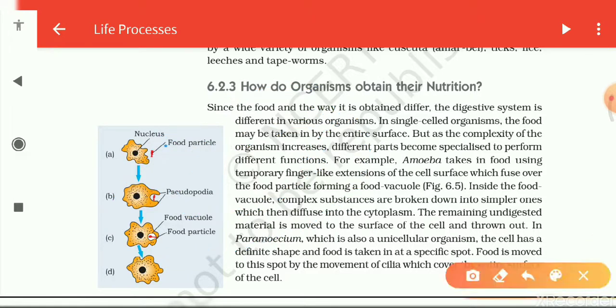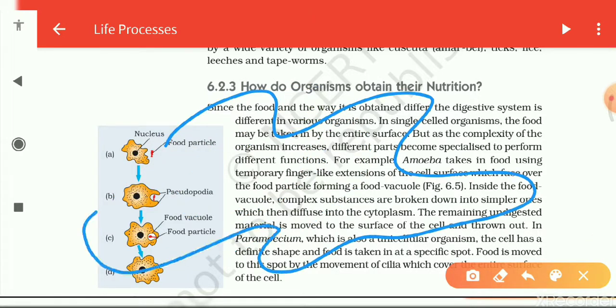Now see the diagram of this amoeba. This one is the amoeba and this was the nucleus, and here the food vacuole is present. And this one is the cytoplasm, and I told you cytoplasm is the living part of the cell which contains many nutrients, and organelles are also present in this cytoplasm.